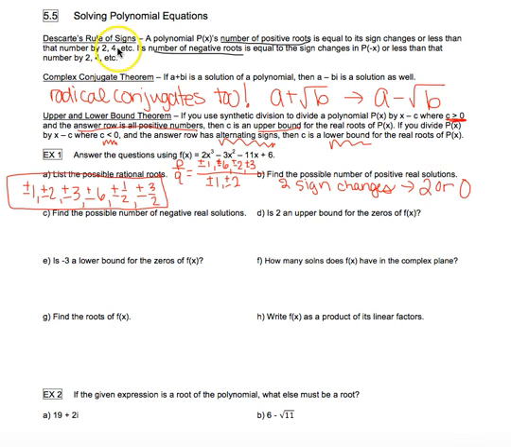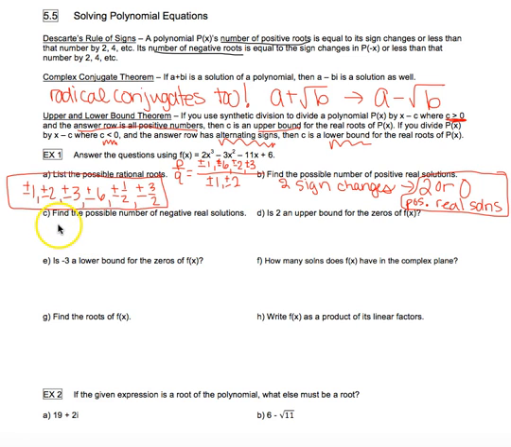If I were to go less than that by 4, I'd have a negative number, which doesn't make sense. We're counting something, so it doesn't make sense to have a negative number of positive real solutions. So I either have 2 or 0 positive real solutions, which means I know for sure it can't be 1. So this is helpful to us.